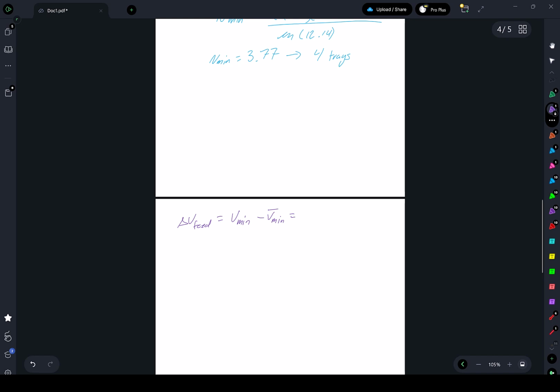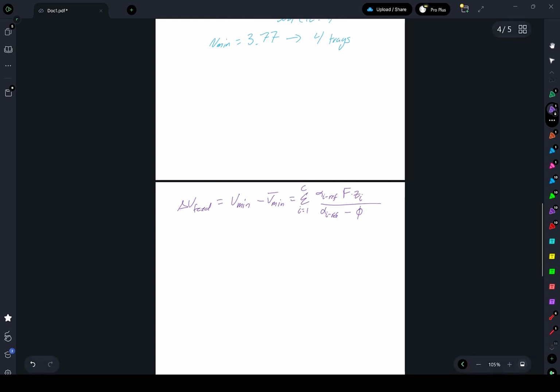This is the minimum vapor above the feed, in the enriching section, and this is the minimum vapor in the stripping section. So it's vapor above the feed minus vapor below the feed. It's going to be equal to the summation of our components of alpha I with respect to the reference times our F times our zI over alpha I ref minus this phi, I believe it's phi, this Greek term.